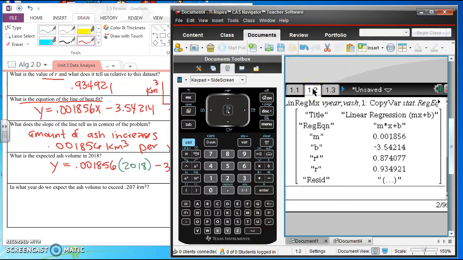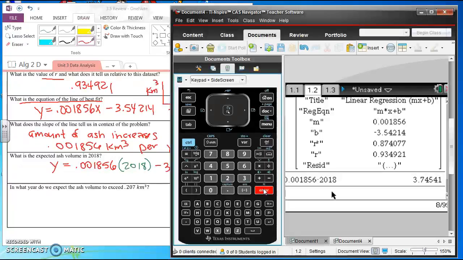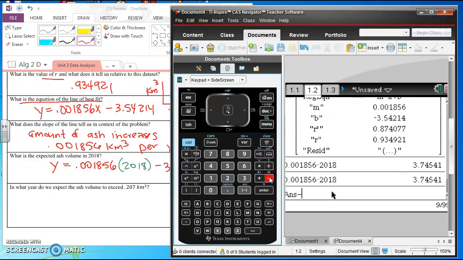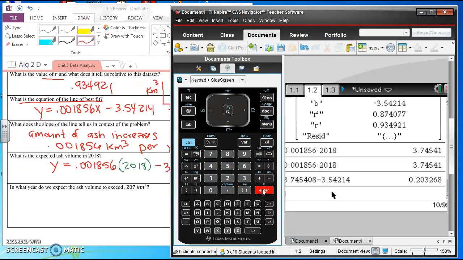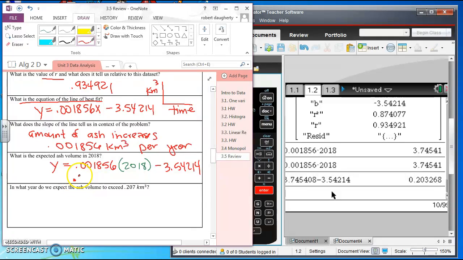So on my calculator, I'll simply enter all of that in. 0.001856 times 2018 equals, and then take that number and subtract 3.54214, equals, and that is 0.203268. So that's the amount of eruptions I expect in 2018.